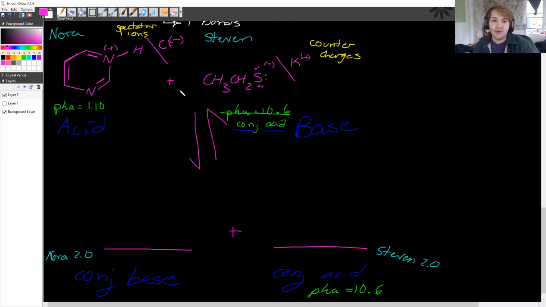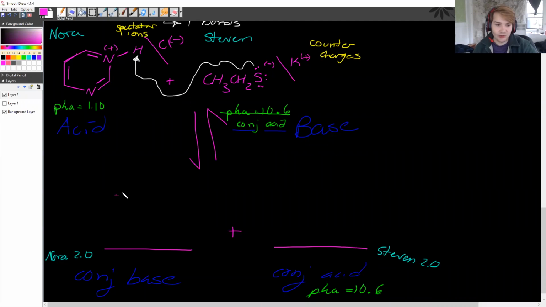Cool. So from here, we are figuring out where the proton transfer is going to happen. And so we know that it's going to come from the negative sulfur. It's going to move its way over, and it's going to grab the hydrogen.